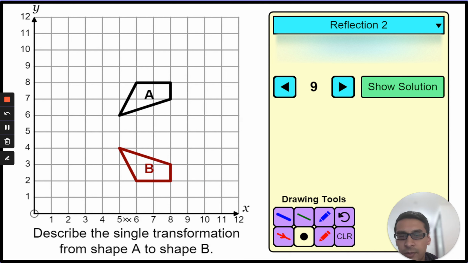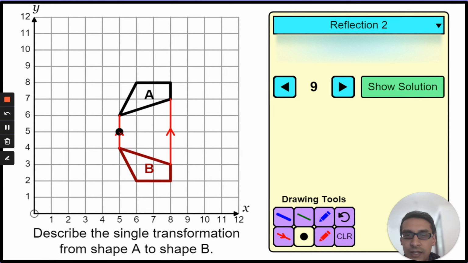Question 9. So describe the transformation from A to B. Now the shape has been mirrored, it's been reflected. So we're just going to connect the points, the corresponding vertices together, and then from that we can see we're going to go halfway along in each case.